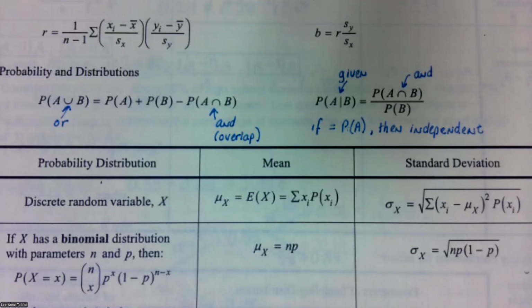Let me remind you: does this make sense over here, that if the conditional probability equals the probability of A, then they're independent? That's your independence formula. And they don't really have to be A and B. It's just that the first letter has to match.